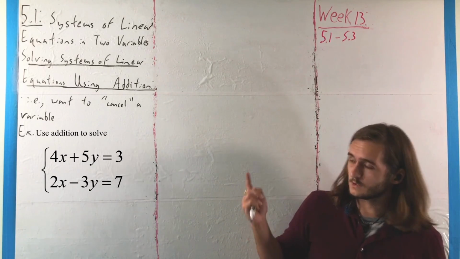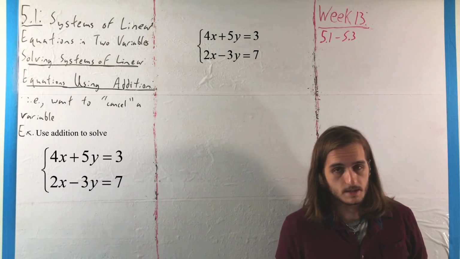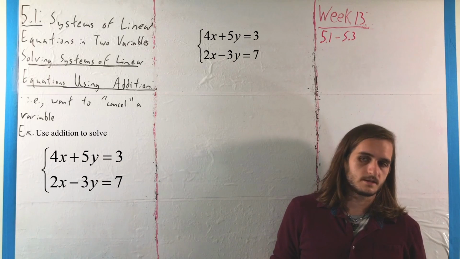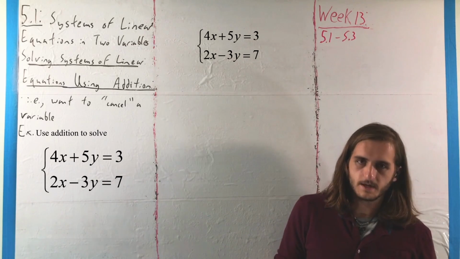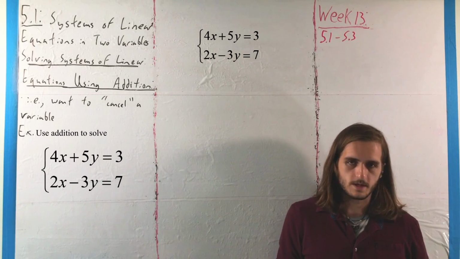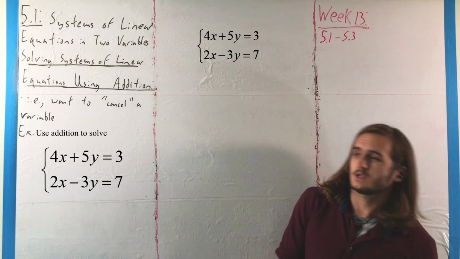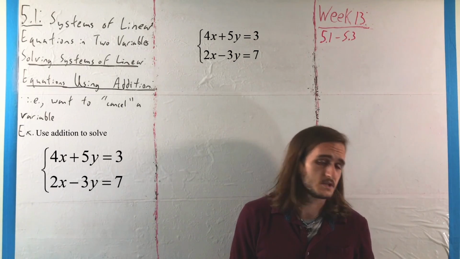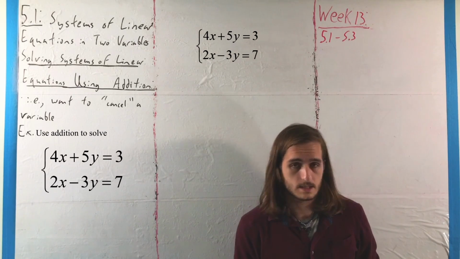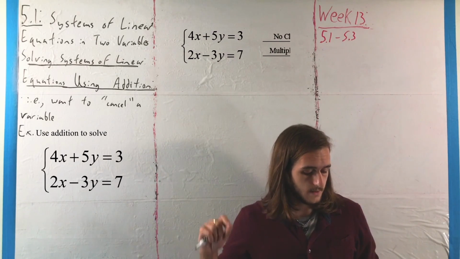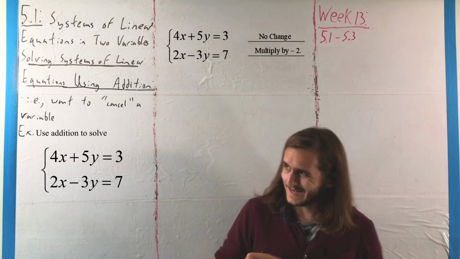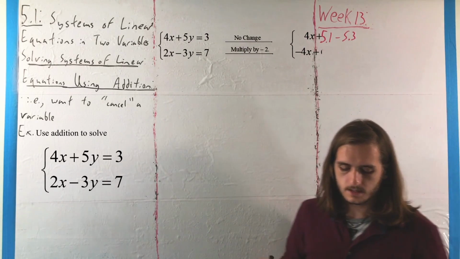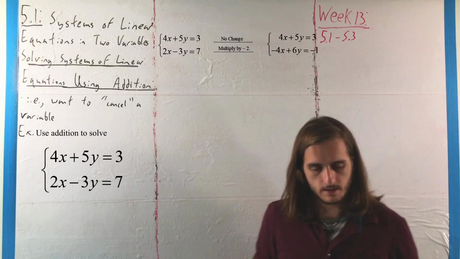Anyway, here what we can do is look at the pieces that we have and recognize that substitution's probably not our best bet, because we've got a 4, a 5, a 2, a 3, a 7, and another 3, which means there's not going to be a nice division in there to isolate a y or an x in either of those without having a bunch of fractions to chase around. Instead, we can see that if we multiplied our second equation by -2, we would end up having -4x + 6y = -14.